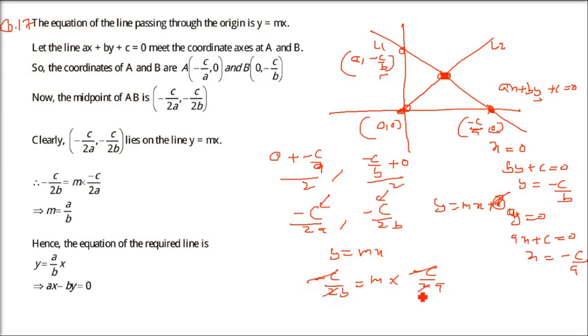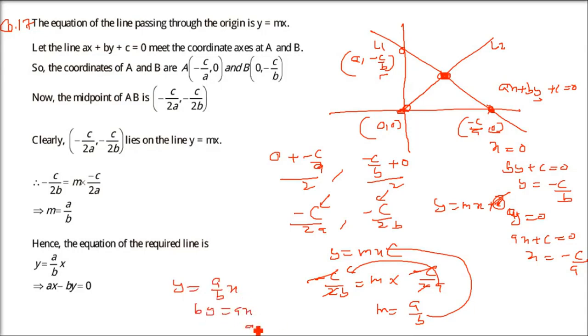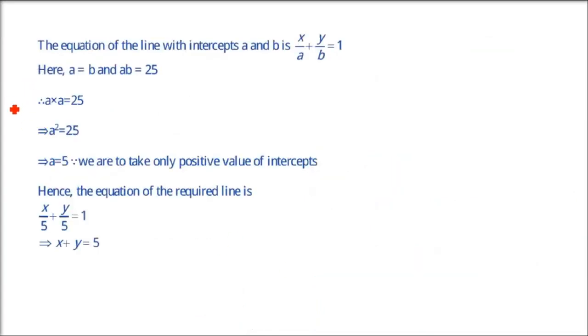So you get m as a by b. Minus c by 2 gets cancelled. m will be equal to a by b. So now put it here: y equals a by b x, by equals ax, so ax minus by equals 0. So this is the equation.